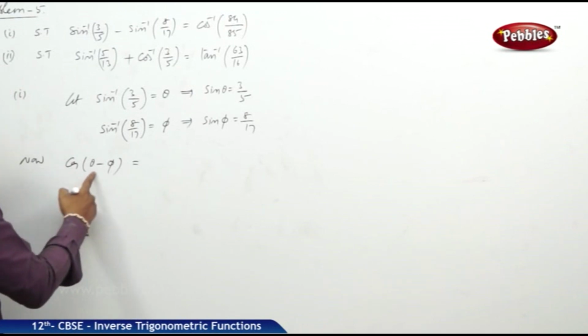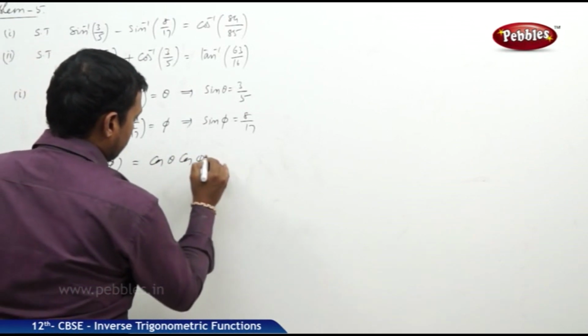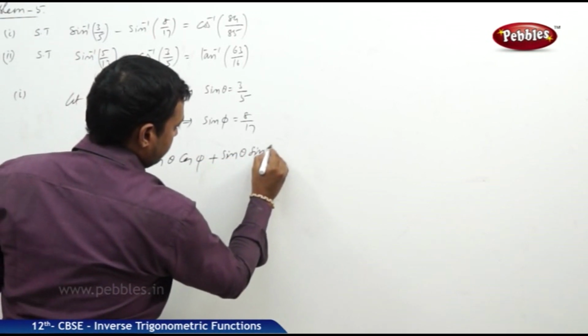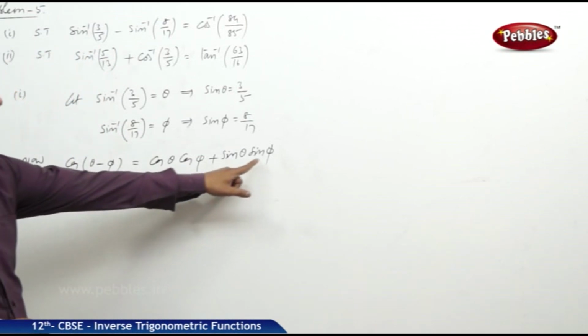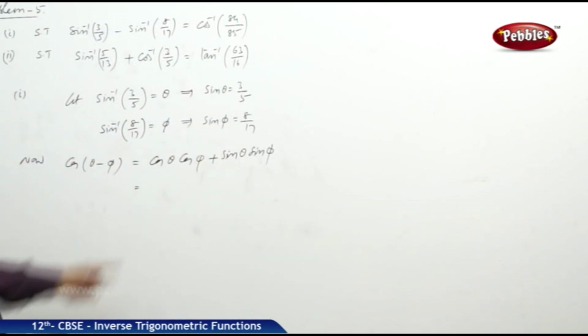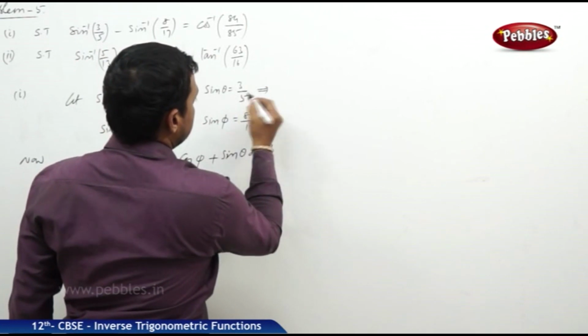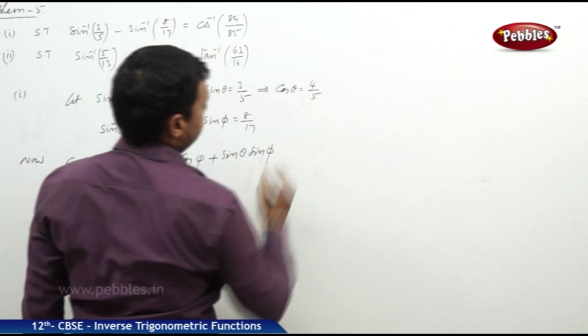Right, now cos of theta minus phi is equal to cos theta cos phi plus sin theta sin phi. Now here sin theta and sin phi values are of course known as 3 by 5 and 8 by 17. What about cos theta and cos phi? From sin theta equal to 3 by 5, cos theta is equal to 4 by 5.